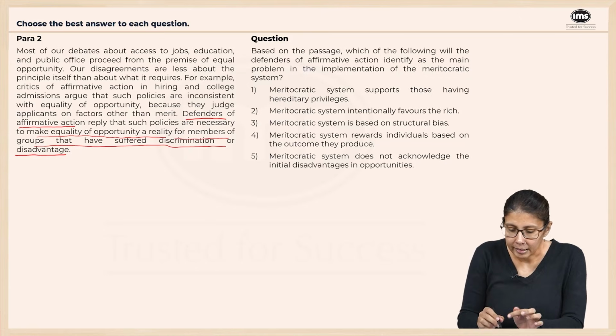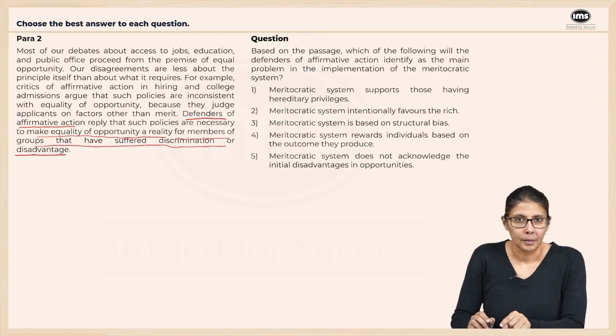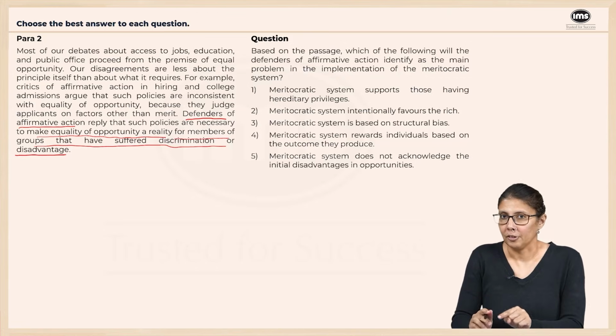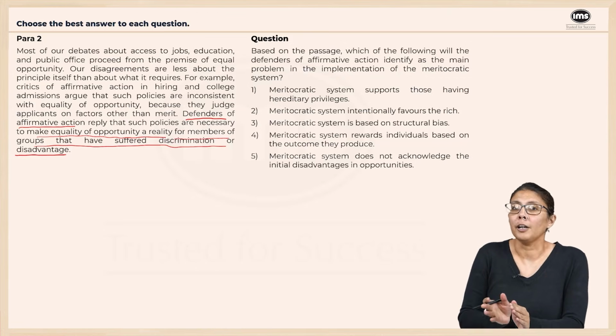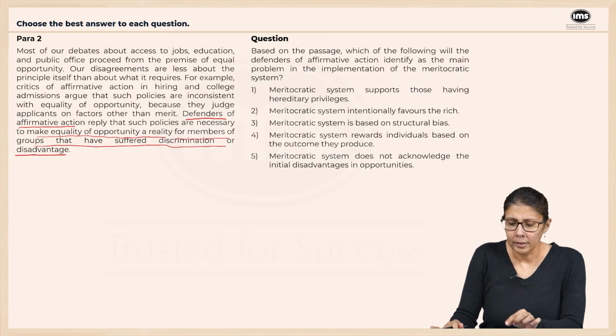Now the first option says meritocratic system supports those having hereditary privileges. Now this is not the main problem. We are not saying that meritocracy supports hereditary privileges. The passage is trying to say that people who are privileged try to preserve those privileges by manipulating the system.